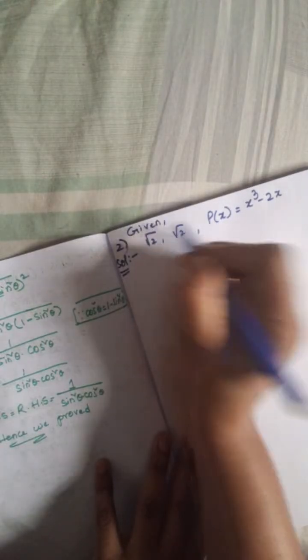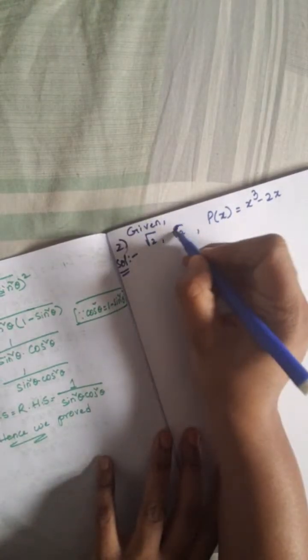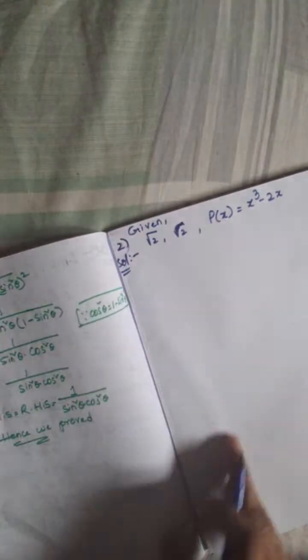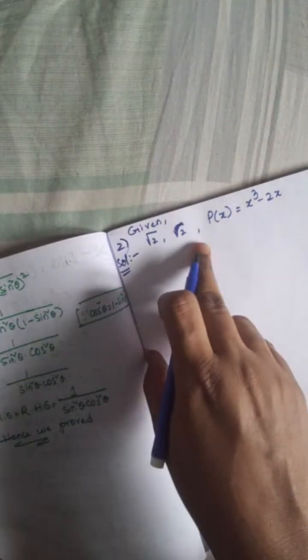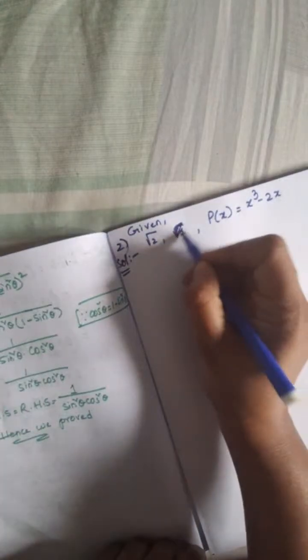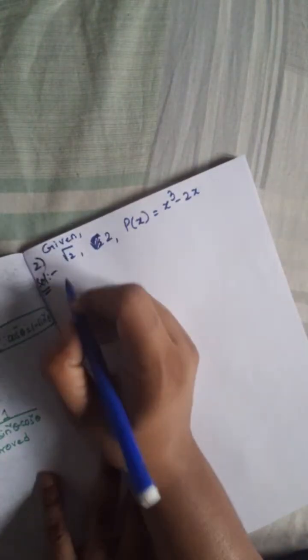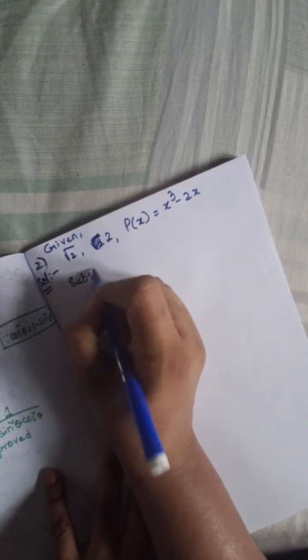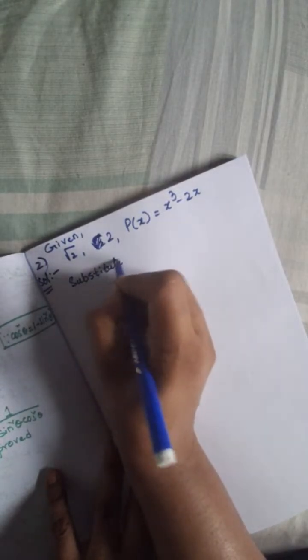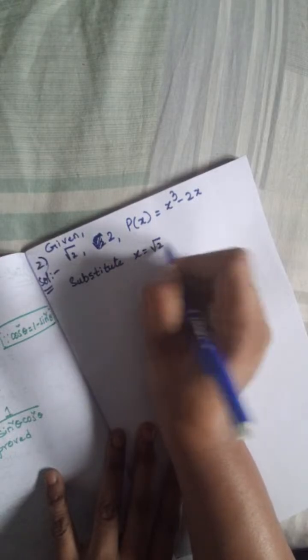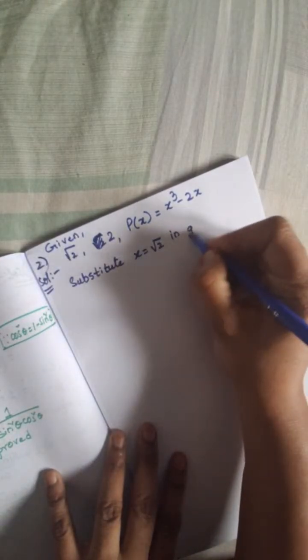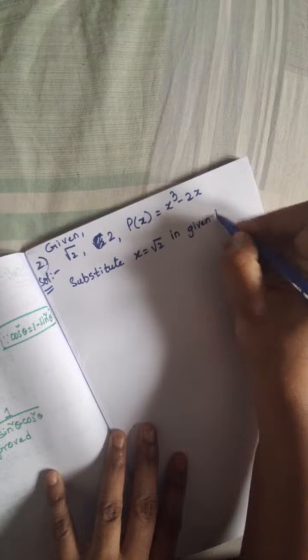So we have to check root 2 and 2. One is root 2, another is only 2. Now substitute x equal to root 2 in the given polynomial.